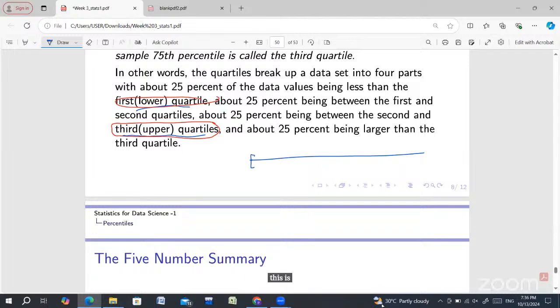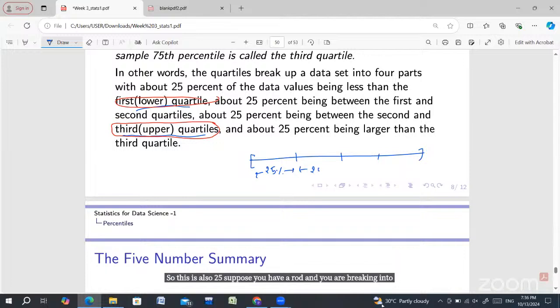Now all the parts contain 25%. So this is also 25. Suppose you have a rod and you are breaking it into 4 equal parts. You can understand it like this.